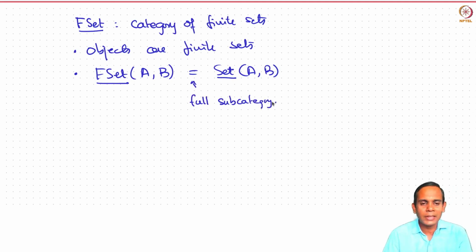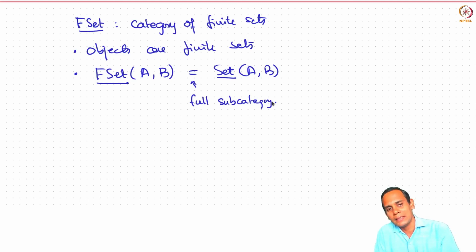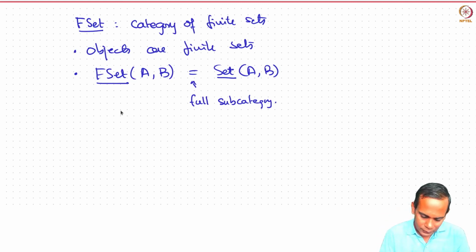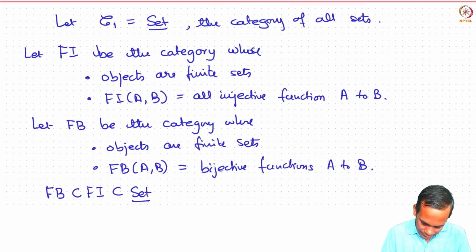So you've only restricted the objects, but whenever you have two objects in your subcategory, the arrows are the same as in the larger category. So what we have is that FSet sits in between Fi and Set.